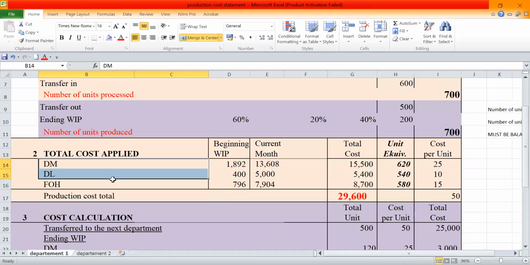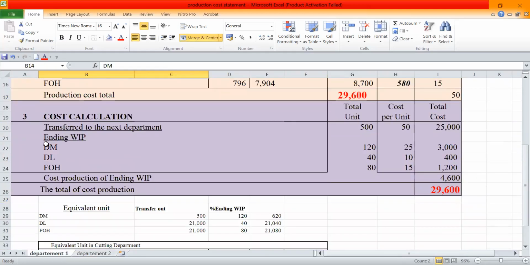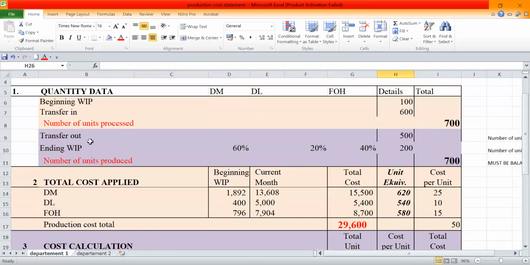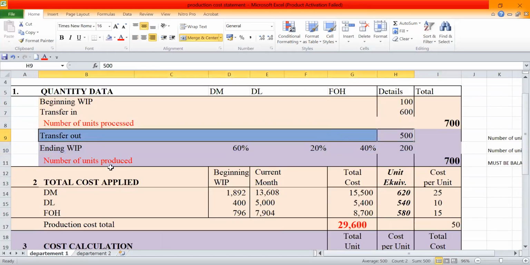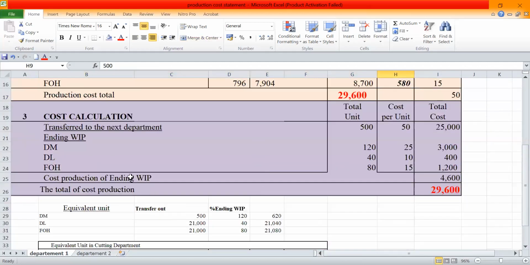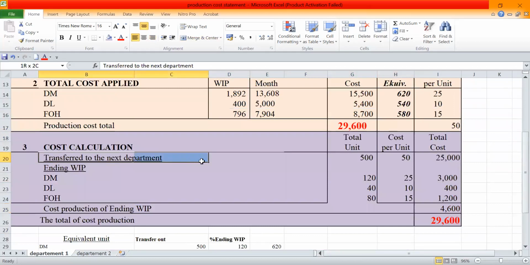Remember, in the previous calculation of the third part, we got the calculation of the cost of production of the units that will be transferred to the next department, which is these 500 units. The total amount in rupiah or dollars of these 500 units is this number, right? The transfer to the next department.